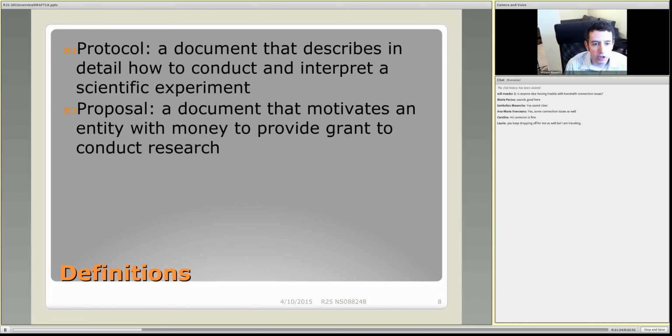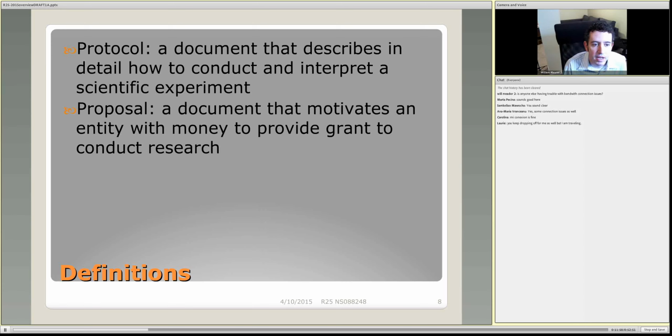A protocol is a document that describes in detail how to conduct and interpret a scientific experiment. A proposal is a document that motivates an entity with money to provide grantees with the funds to conduct the research. You really can't do many research trials without money or funds. There are some that you could, but there has to be some resource that's put in, whether it's your time or the time of your people in your department.